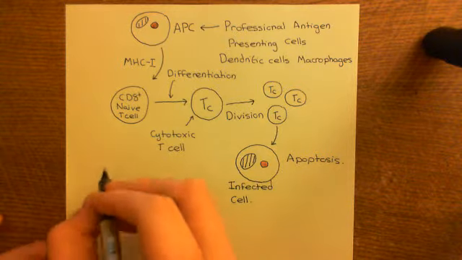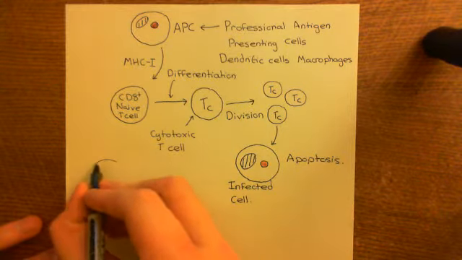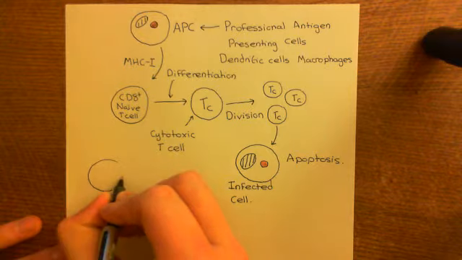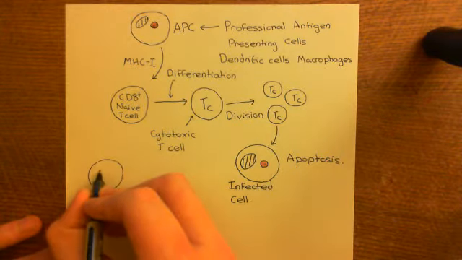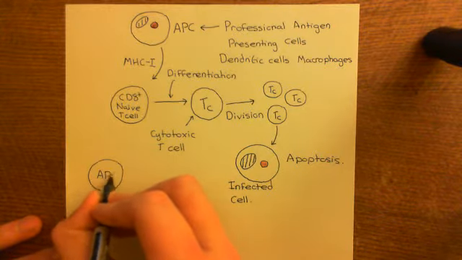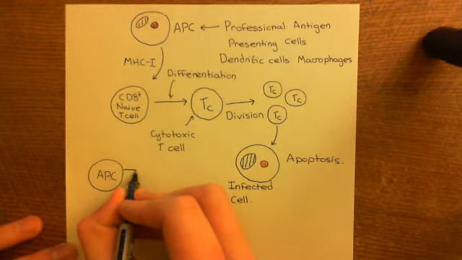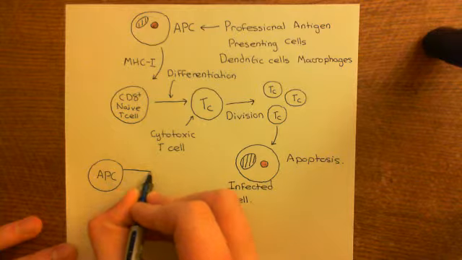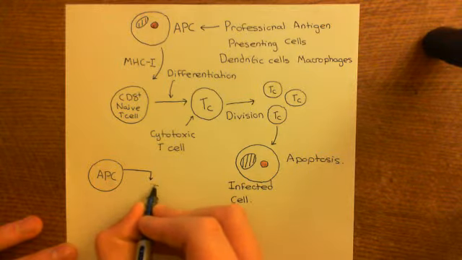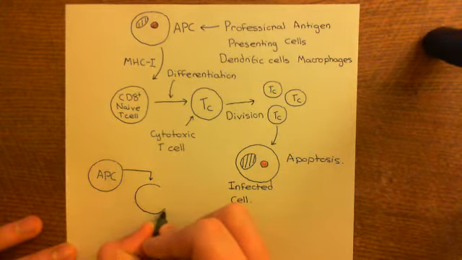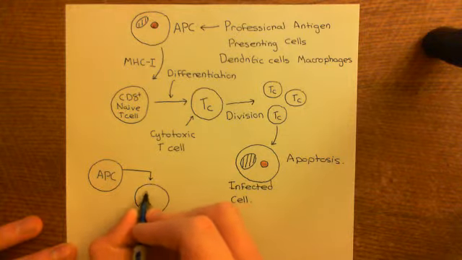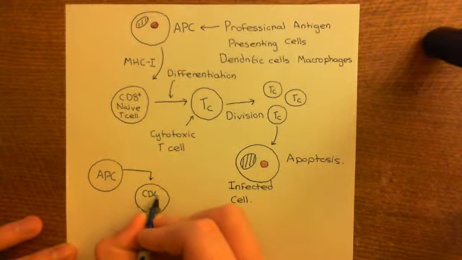So you can also get antigen-presenting cells presenting antigen fragments of this intracellular pathogen on the surface of MHC class 2, and this will lead to the activation of CD4 positive T cells again. Similar to the humoral response, basically.